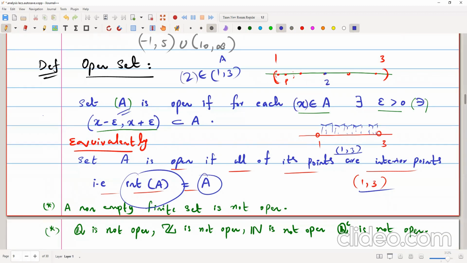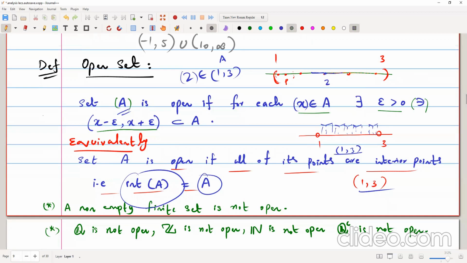This 2 belongs to the interval (1, 3), and there exists epsilon greater than 0 such that x minus epsilon, so I want to move from 2 to the left side, and x plus epsilon, I want to move from 2 to the right side. I can see that all these points are contained in this set.